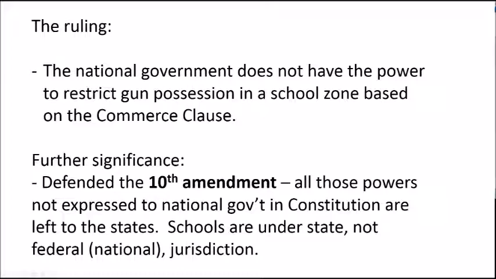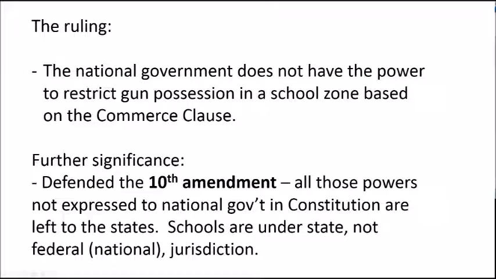Where they say, well, this law has something to do with money, with business, with trade in the United States. Even if it's a stretch, like obviously this is a pretty big stretch here. So the national government does not have the power to restrict gun possession in a school zone based on the Commerce Clause. And the further significance of this case could also say that this was a big 10th Amendment case.